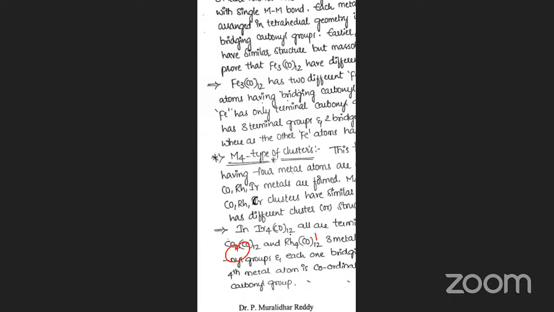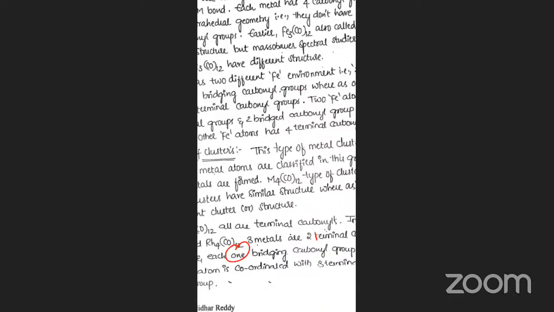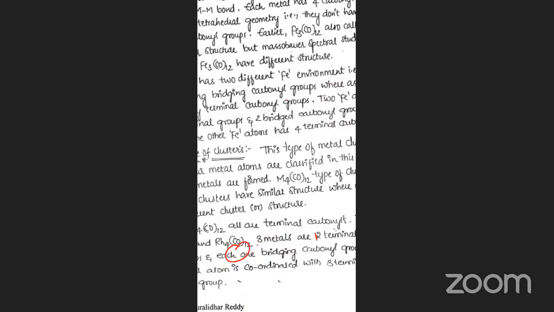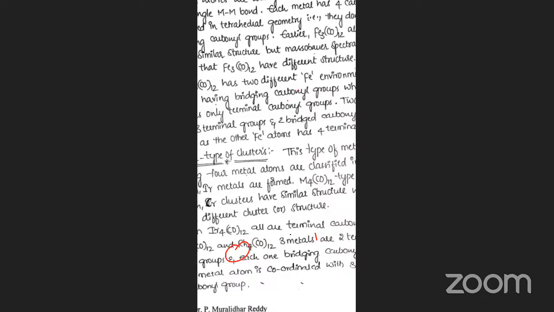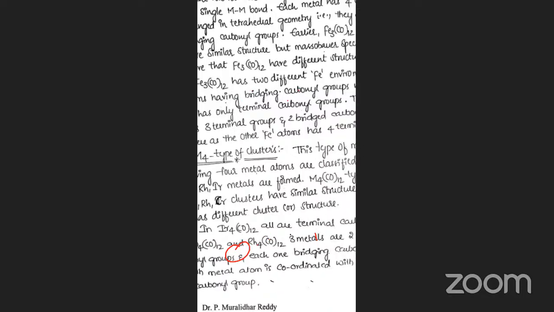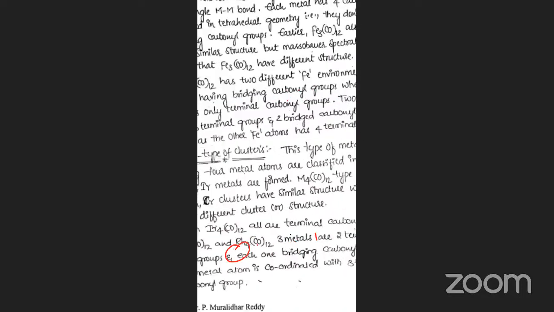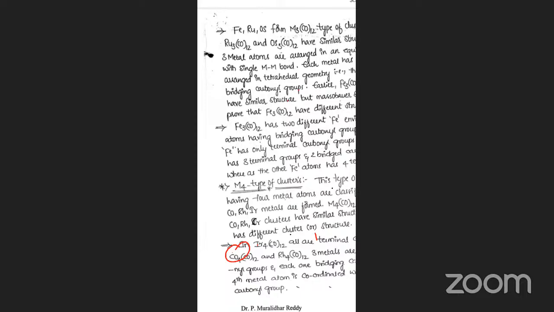Cobalt and rhodium clusters have a similar structure, whereas iridium has a different cluster, with all terminal carbonyls. You can draw the structure of that. M4(CO)12 type clusters.